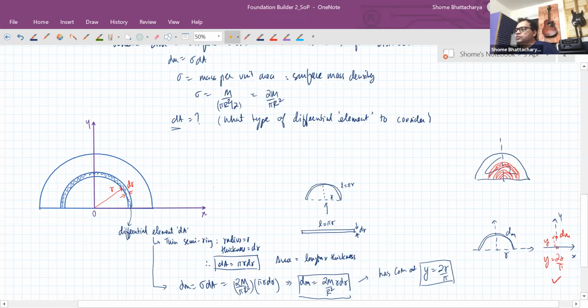So each of these semi-rings will be replaced with a collection of particles lying on the y-axis, whose masses are individually this and whose y-coordinates are individually this. So then we can use the integration formula, integration y dm divided by total mass. In that we can replace y with this formula, and we can replace dm with this formula and just integrate for all the semi-rings. Understood, no?